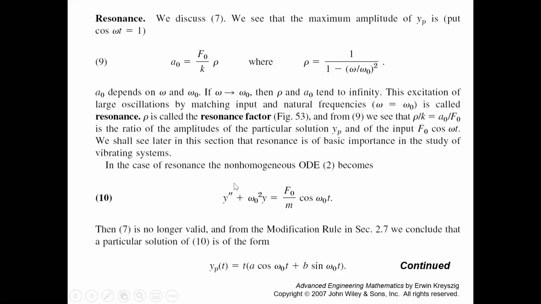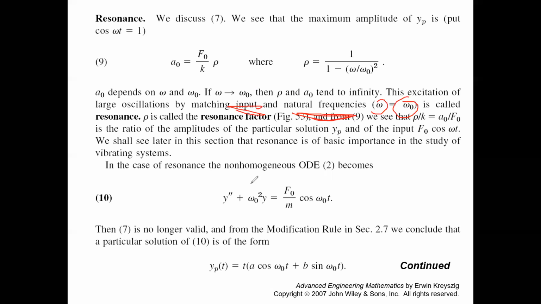But there is a special case of this condition when the frequency of the excitation is matching the natural frequency. So omega is equal to omega 0, where omega 0 is the natural frequency of the system.